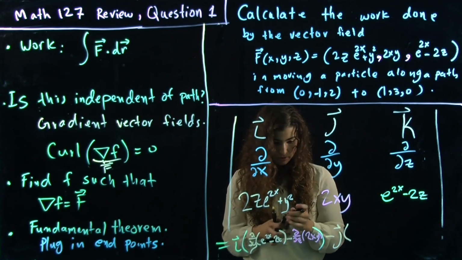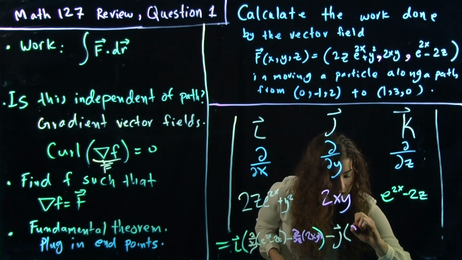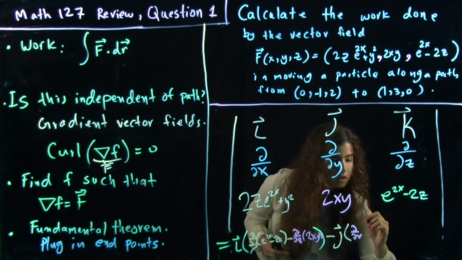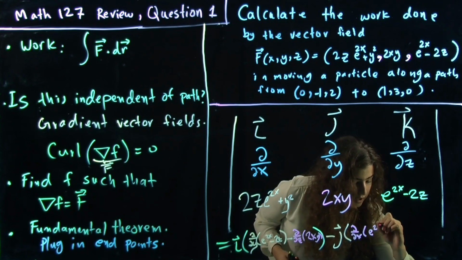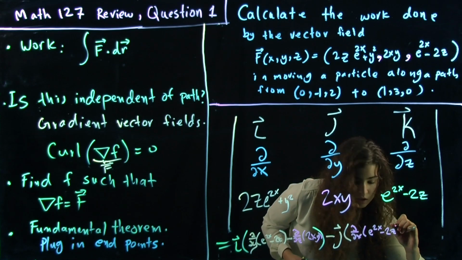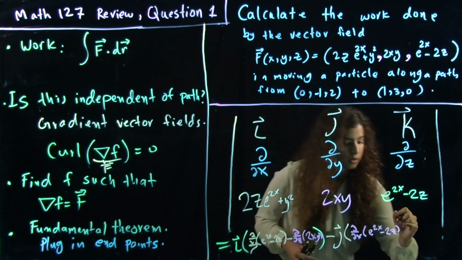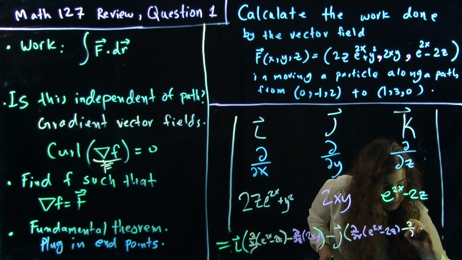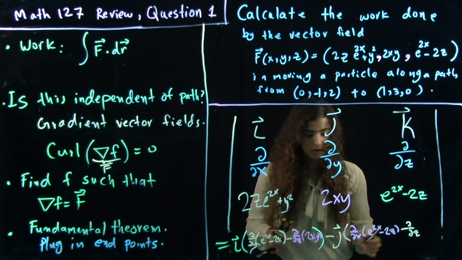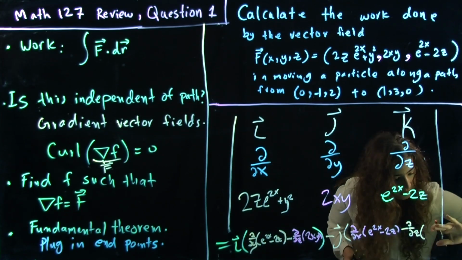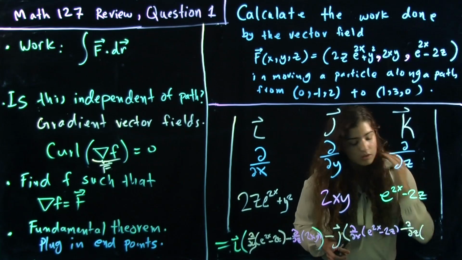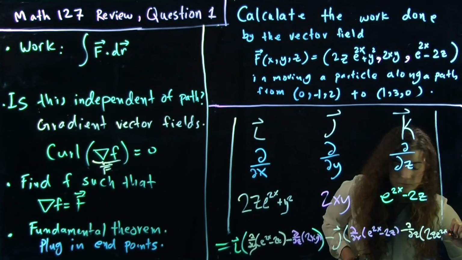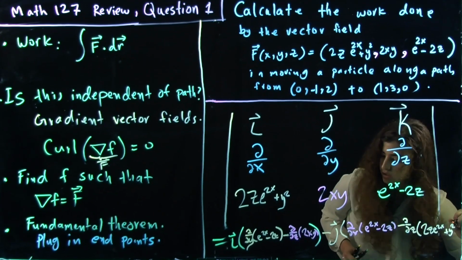So we have our partial with respect to x again for our e^(2x−2z), minus our partial with respect to z for our 2z e^(2x+y²).